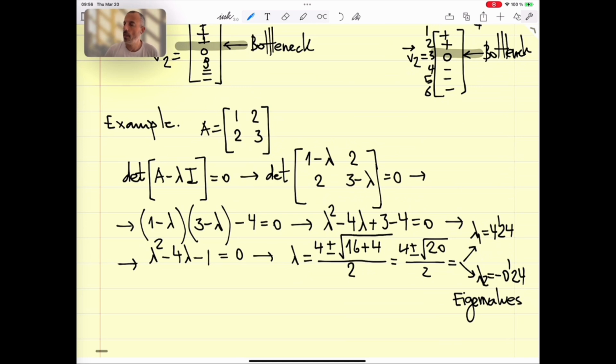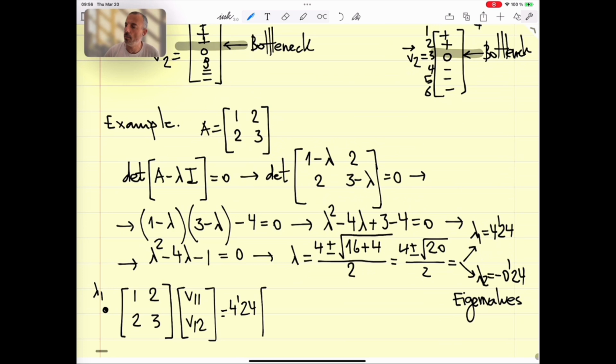And then you take the first eigenvalue and you say A, 1, 2, 2, 3 multiplied by your first eigenvector needs to be your first eigenvalue, 4.24, multiplied by your first eigenvector.